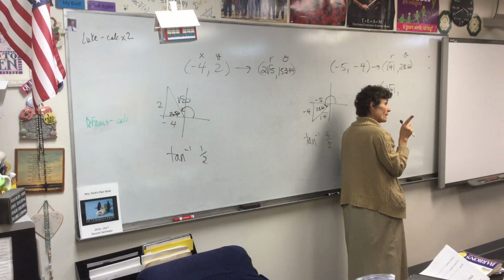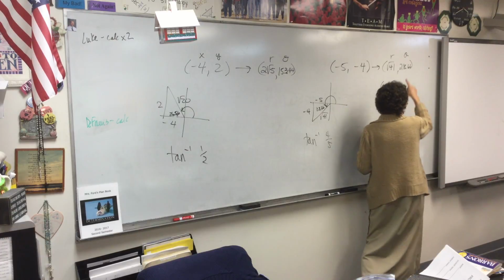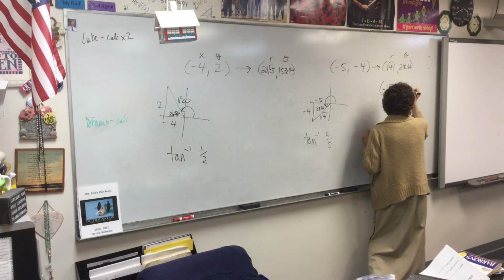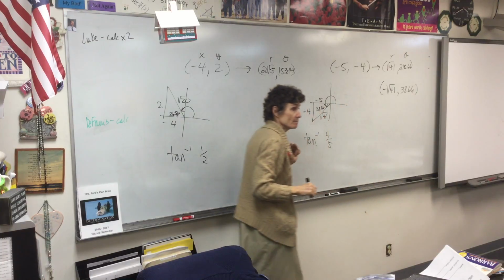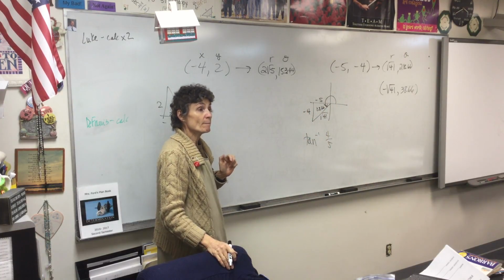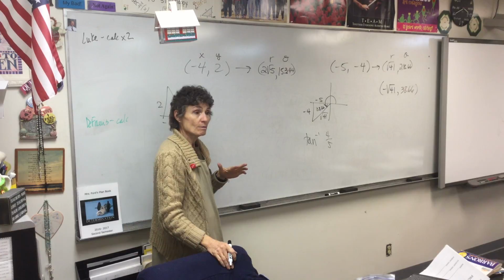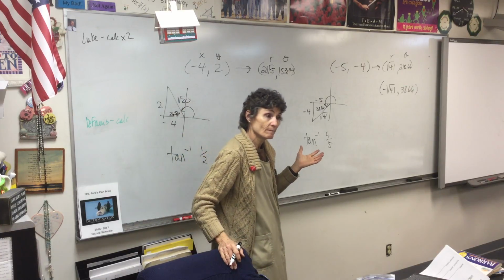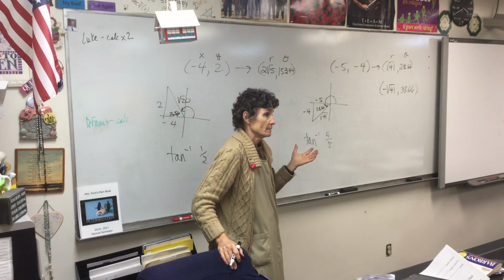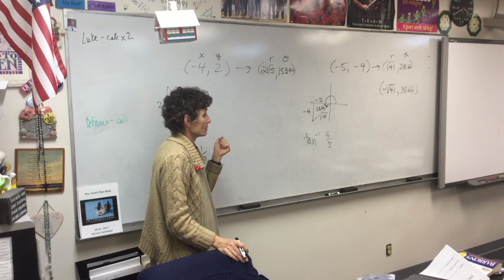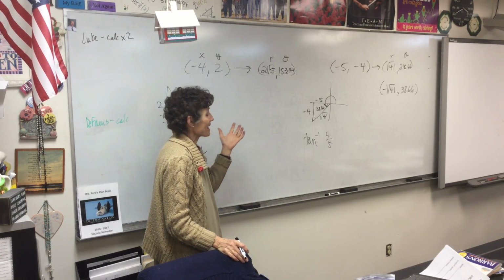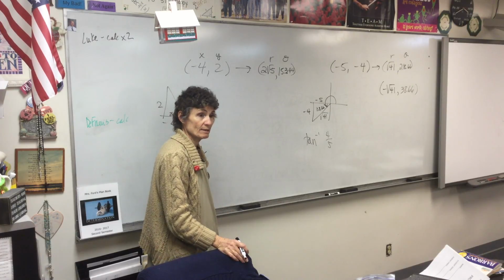So I could either add 180, I think I would rather subtract 180, because what's going to happen if I add 180? It's going to be too big. Remember, a negative r moves you halfway around the circle. So if you have to make r negative, okay, make it negative, but then that's going to change your angle by 180 degrees.